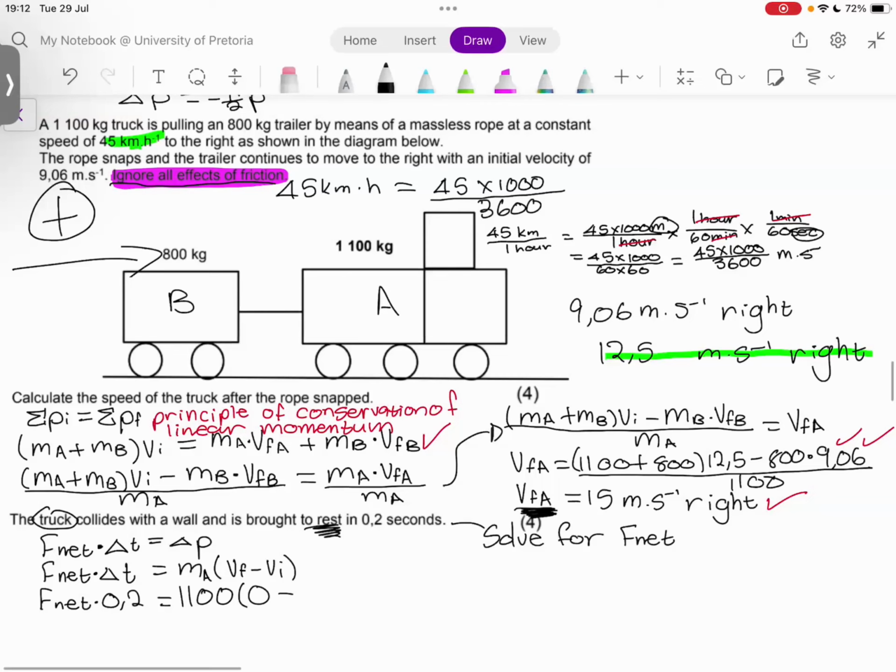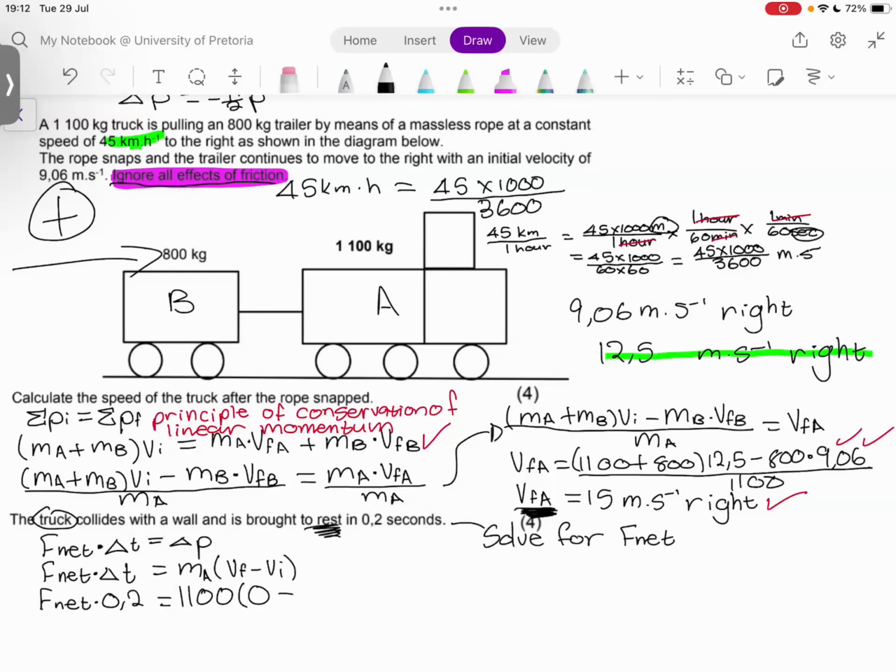Remember, in the previous question, it asked us to find the speed of the truck after the rope snapped. That would be VF for the previous question, that was the final velocity. Whereas for this question, which is a continuation of our scenario, that would then make this 15 meters per second, right? Our initial velocity.